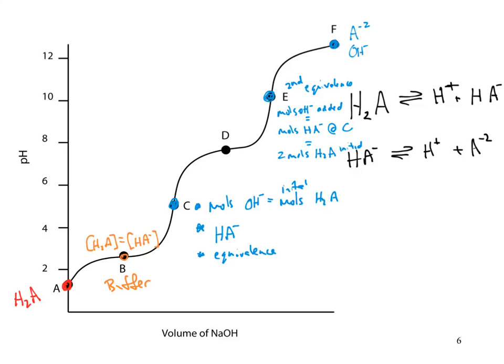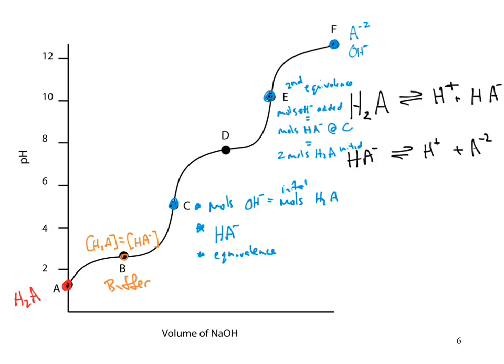At point A, it's only H2A. At point C, it's only HA minus. Halfway on my way there, what happens? The concentrations must be equal to each other. Because as I get rid of H2A, where does it go? To HA minus.